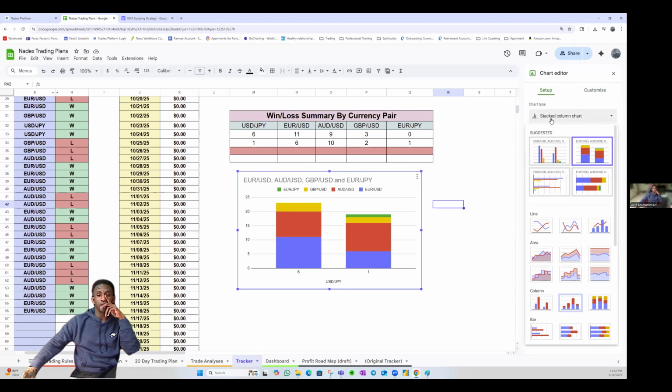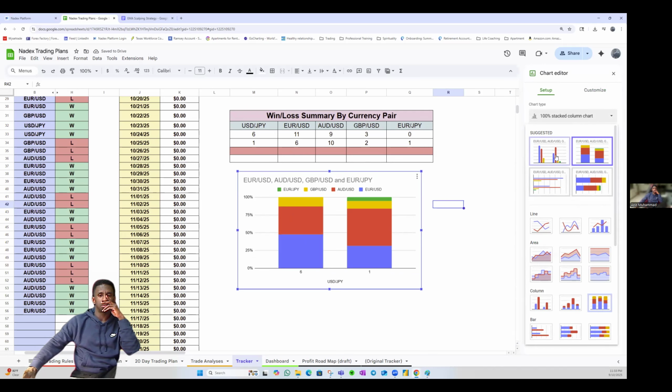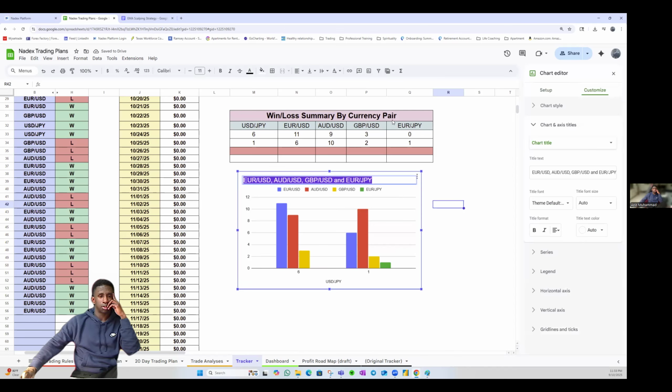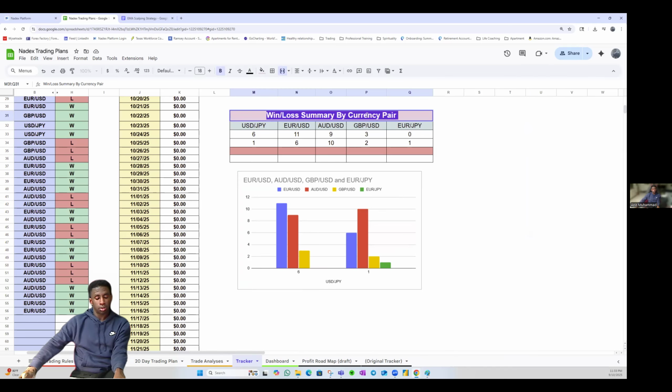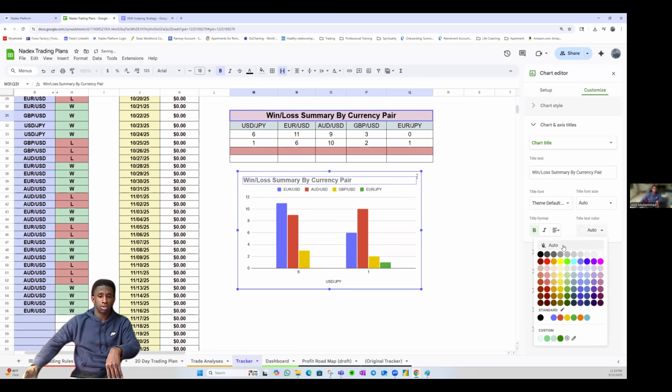No, I like how the first one was. And then we could change the labels and all of that. Yeah, we could change that and then bold it.